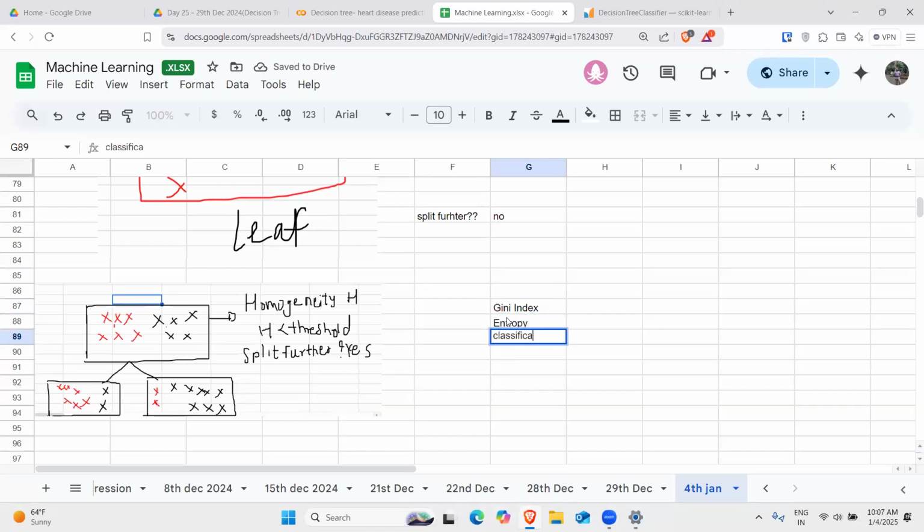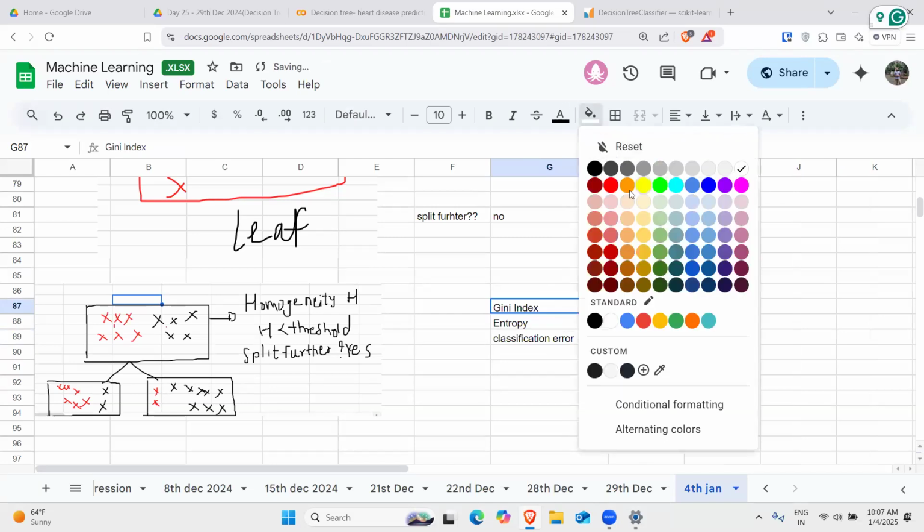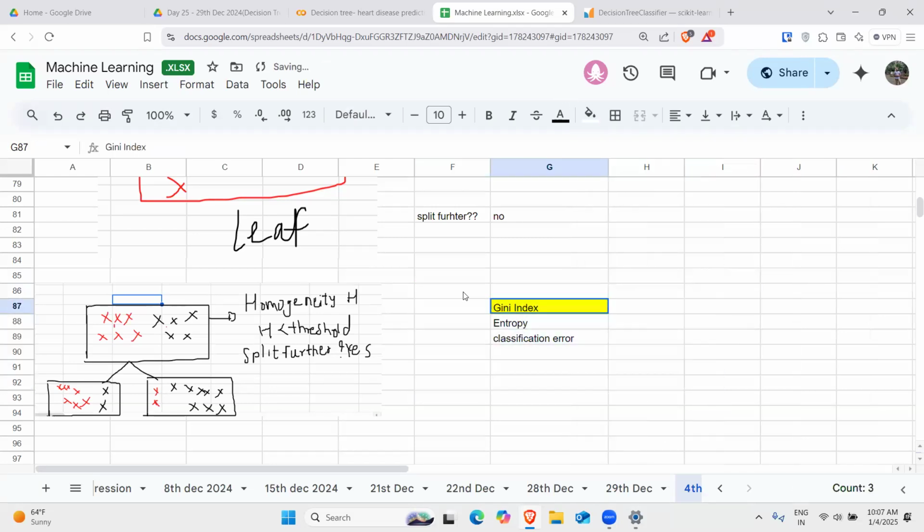Out of these, we are going to focus only on the Gini index, which is popularly used in the industry. I'll explain why. We'll discuss these three concepts, and then why the Gini index is important.